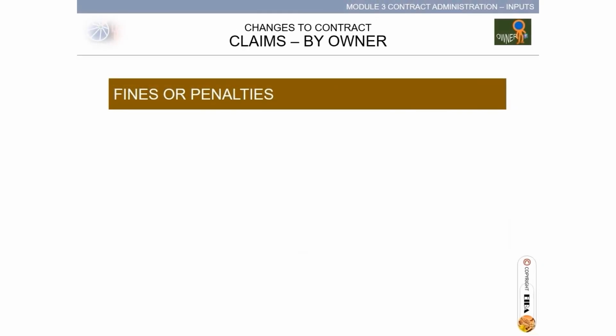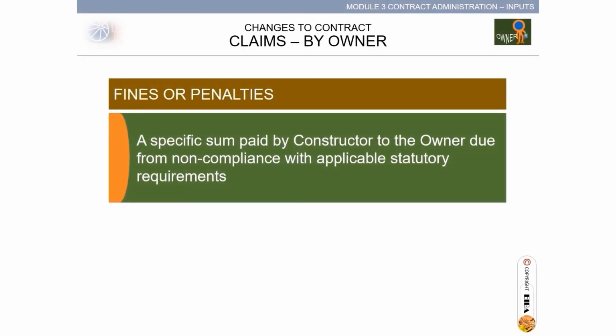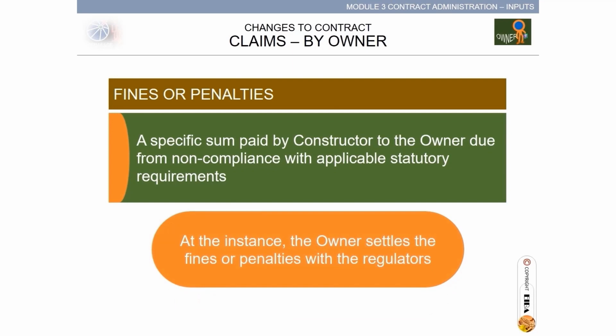Fines or penalties: a specific sum paid by the constructor to the owner due from non-compliance with applicable statutory requirements. The requirements are actually the responsibility of the constructor. In this instance, the owner settles the fines or penalties with the regulators and claims the corresponding amount from the constructor.